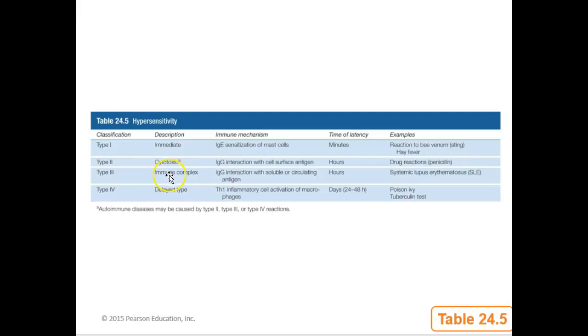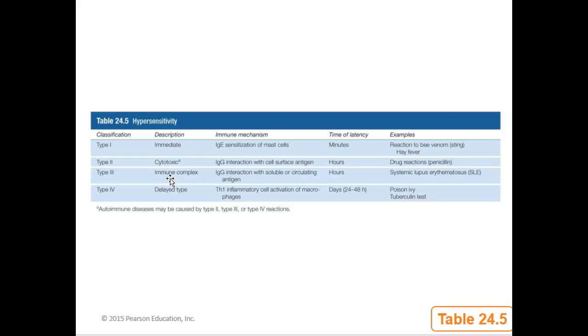Type 3 is the failure to clear immune complexes from the body, where IgG antibodies form clusters regularly with complement proteins, and then that material is supposed to be removed from the body through phagocytosis. When that doesn't occur, it can form these inflammatory stimulating particles that circulate, get stuck in organs like the kidneys and cause tissue damage.